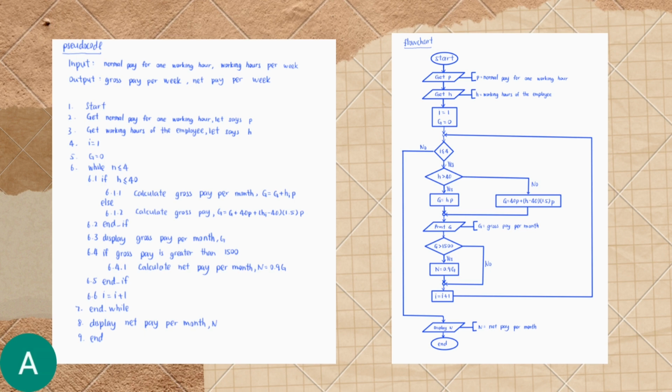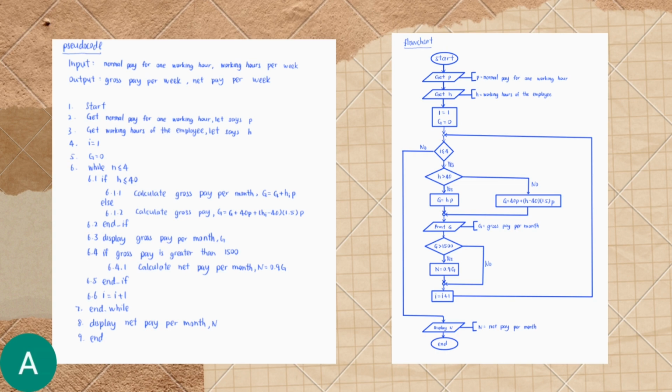If it's more than 40, calculate the gross pay with g equals g plus 40p plus (h minus 40) multiplied by 1.5 and p. After that, we end this if condition and display the gross pay per month.